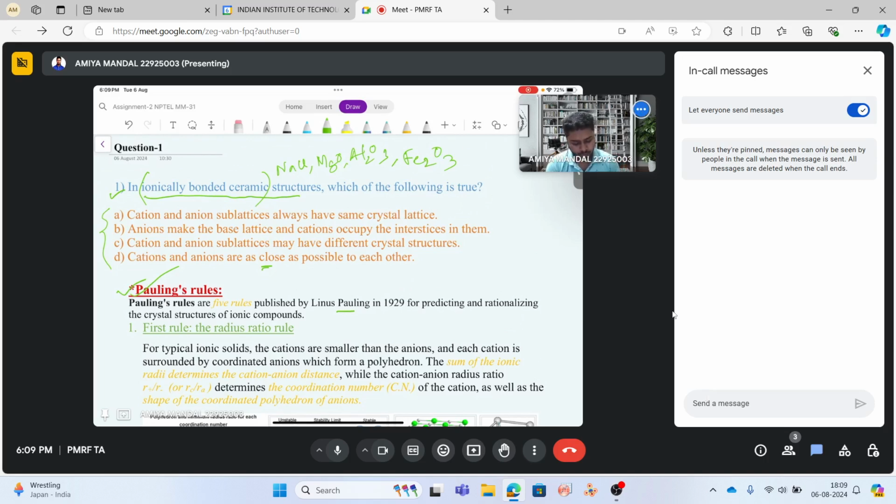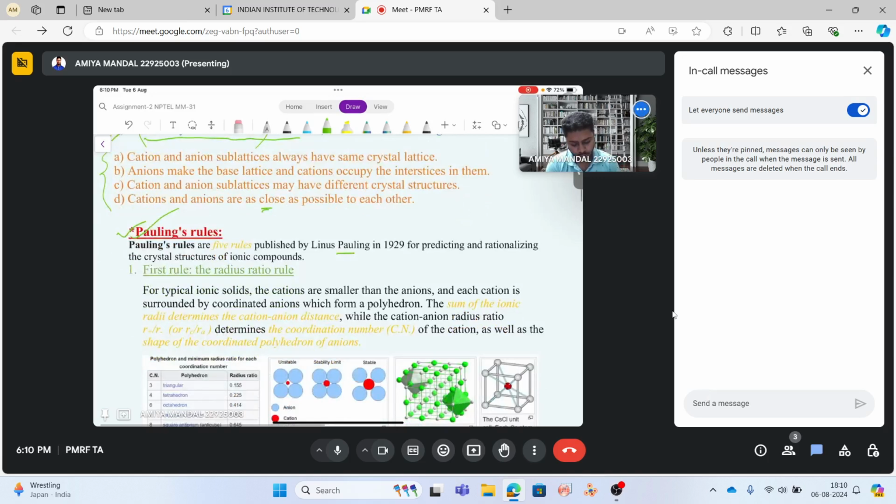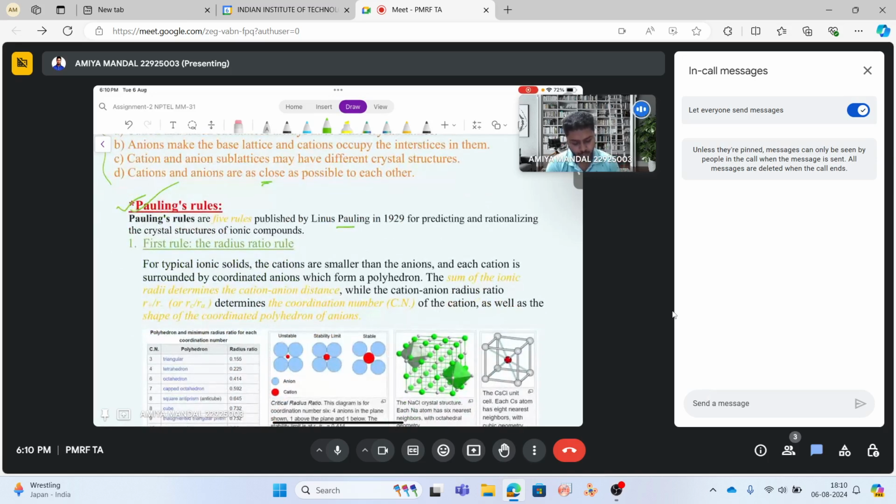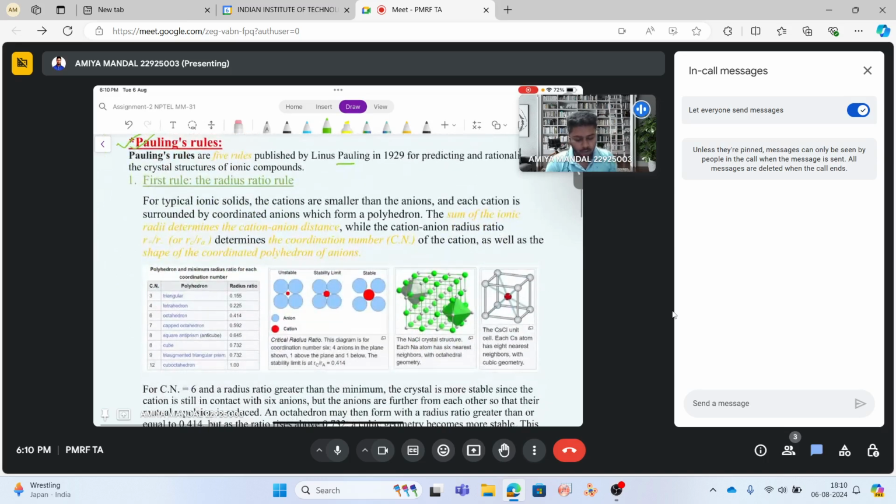The first rule is the radius ratio rule. For a typical ionic solid, cations are smaller than the anions. We all know that: the size of the cation is less than the anion.